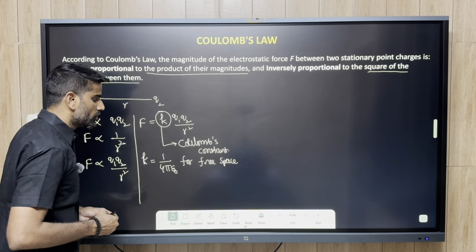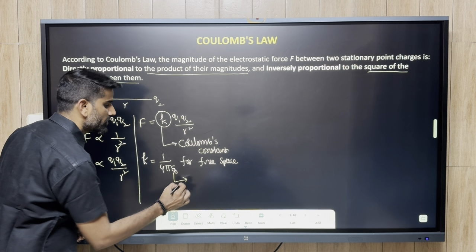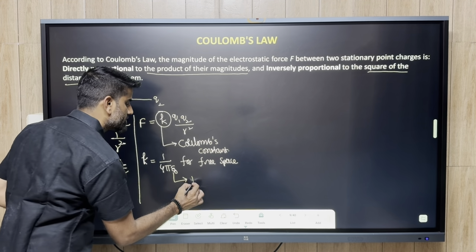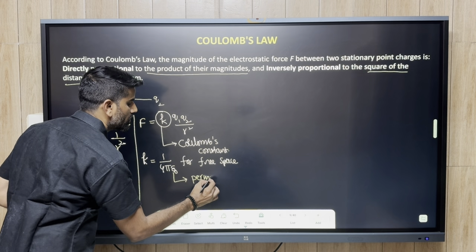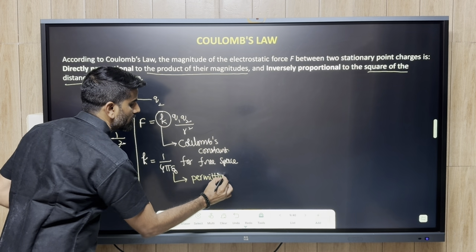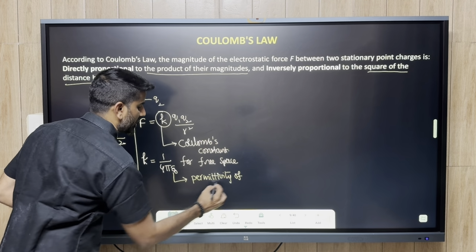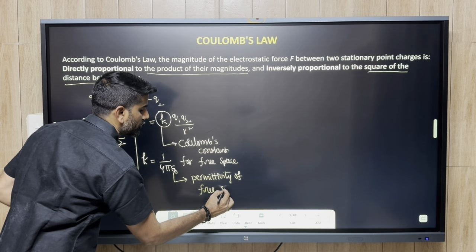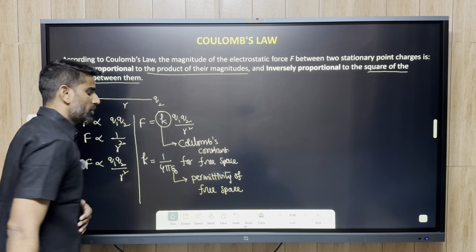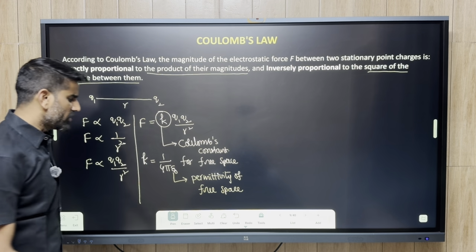We don't yet have an idea about epsilon naught. Epsilon naught is the permittivity of free space.